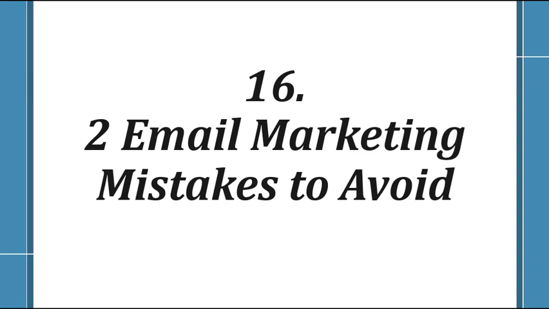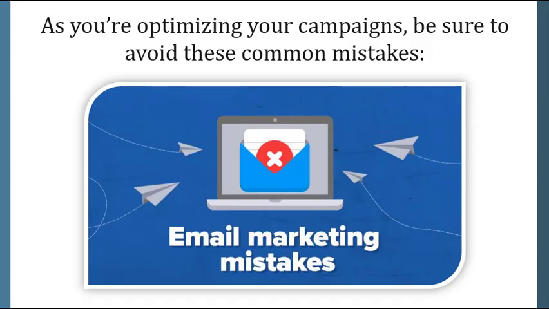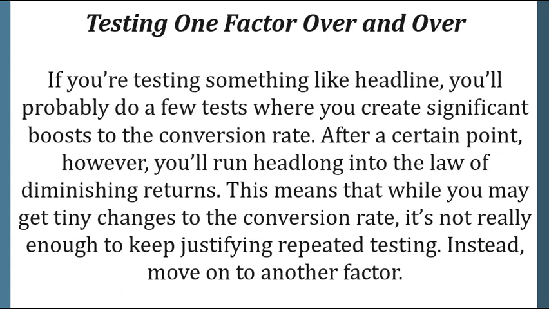Next, two email marketing mistakes to avoid. As you are optimizing your campaigns, be sure to avoid these common mistakes. Testing one factor over and over. So if you're testing something like headline, you'll probably do a few tests where you create significant boost to the conversion rate.